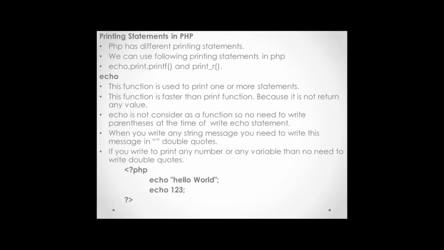The first three are normally used to print any variable's value, string message or numbers on your browser's window. But print underscore r is used with array variables. It means when you want to print an array value by its index, you will use the print underscore r function.